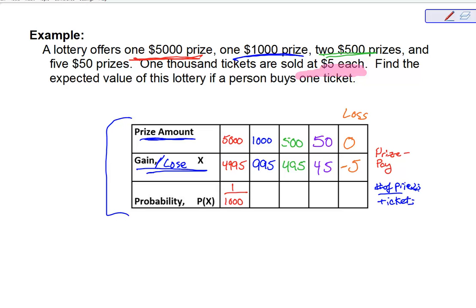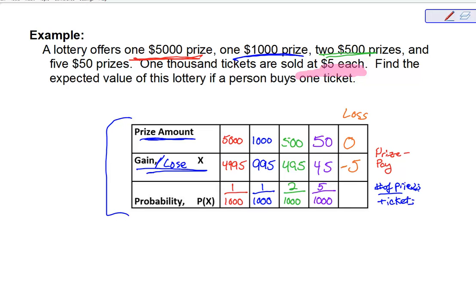Do the same thing for the $1,000 prize. There's one prize out of the 1,000 tickets sold. Now, out of the $500 prizes, there were actually 2 of those out of 1,000. Out of the $50 prizes, there were 5 of those out of the 1,000.